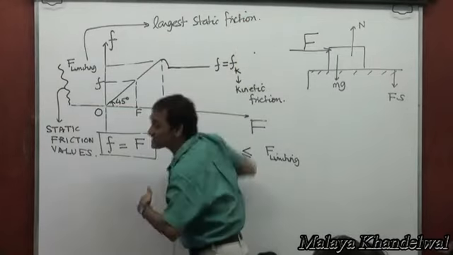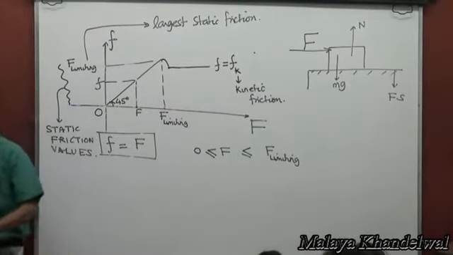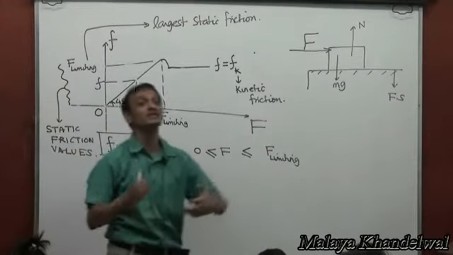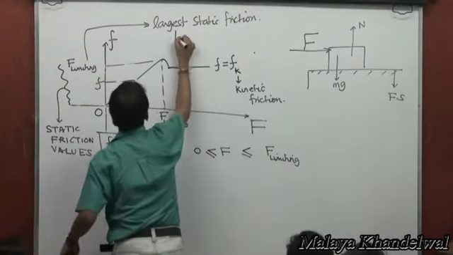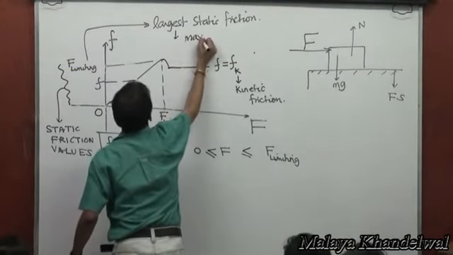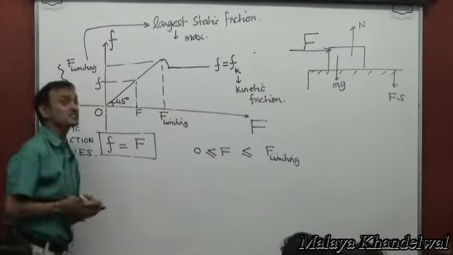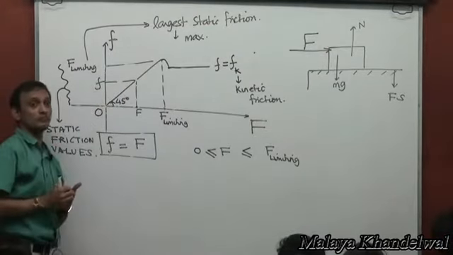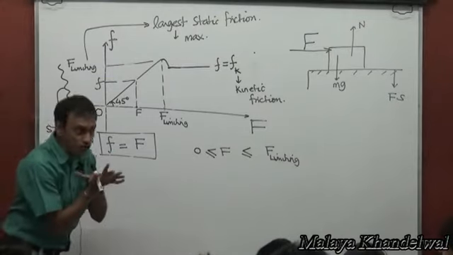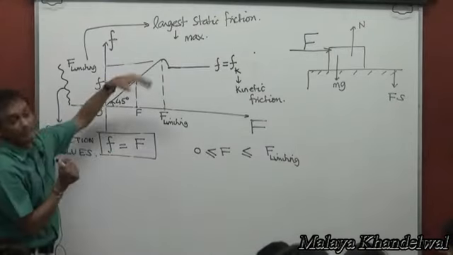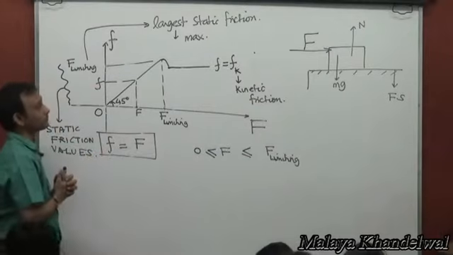That means this is the maximum value of static friction possible, sometimes also referred to as maximum static friction. The maximum value of the frictional force possible between two surfaces having no relative motion with respect to each other, that's called maximum static friction.